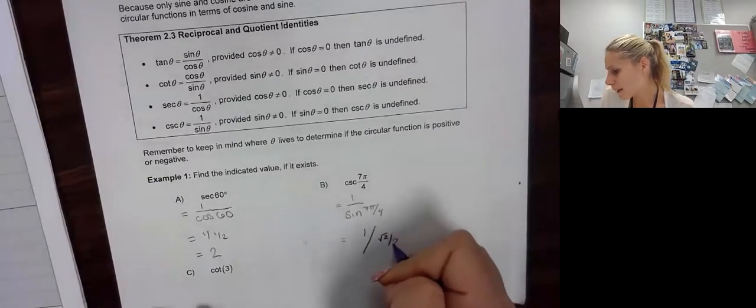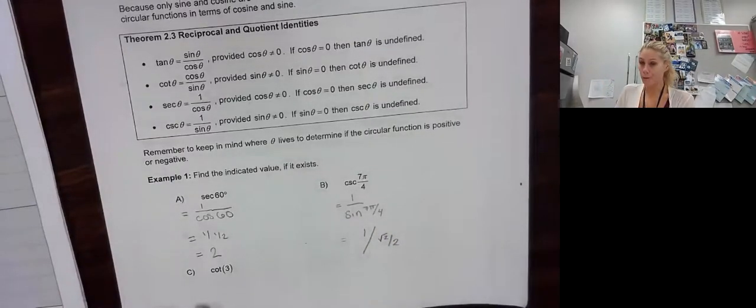But you also keep in mind that 7 pi over 4 is in the fourth quadrant. So it's going to be negative.